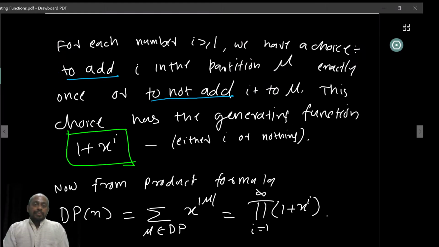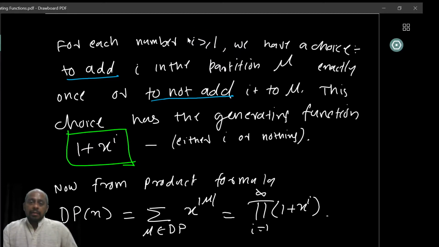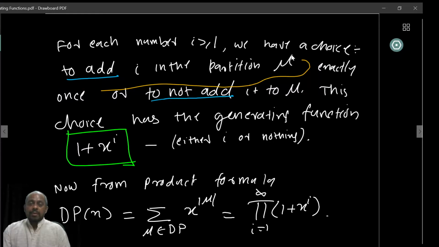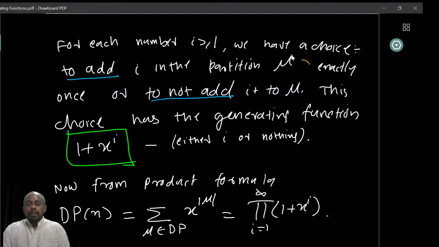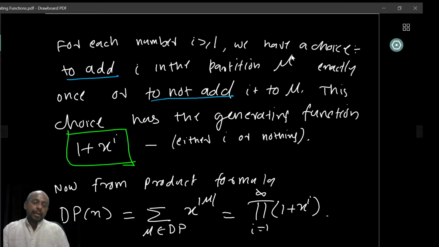So for each number, let's say i greater than or equal to 1, we have a choice. When we form a partition mu, we have a choice whether to add i to the partition exactly once or not to add, because in each partition a number can only appear at most once, since we are looking at distinct parts. DP is the set of integer partitions whose parts are all distinct. So if I add i, then I cannot add i anymore. So I have a choice either to add i or not.